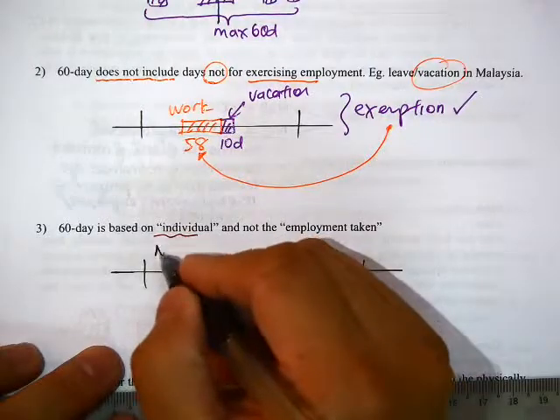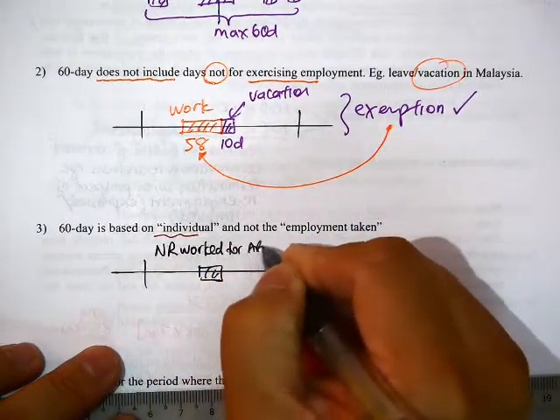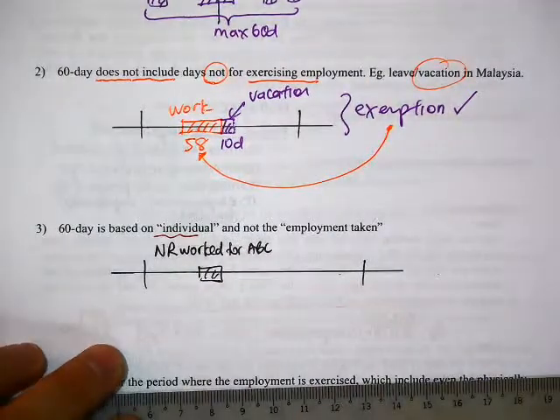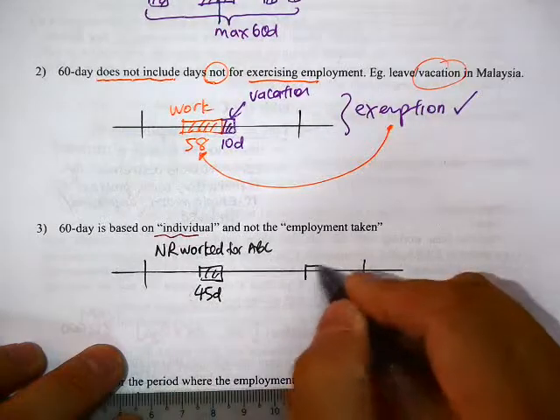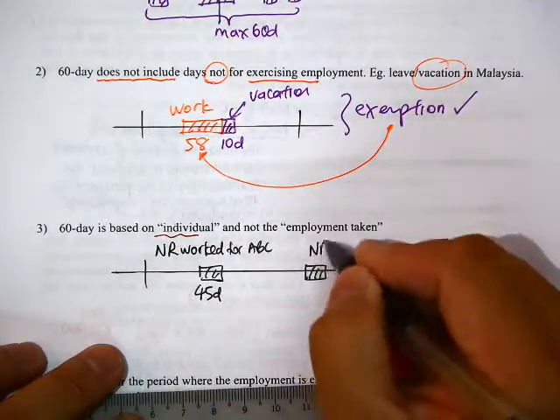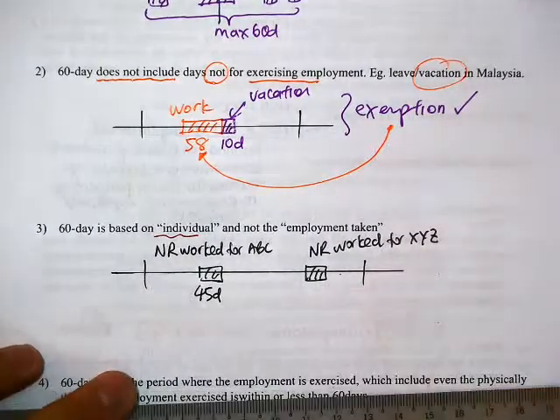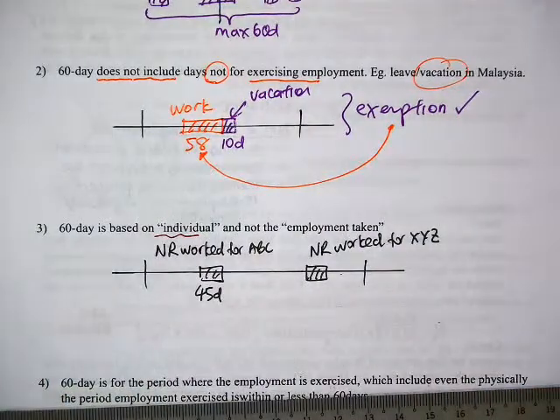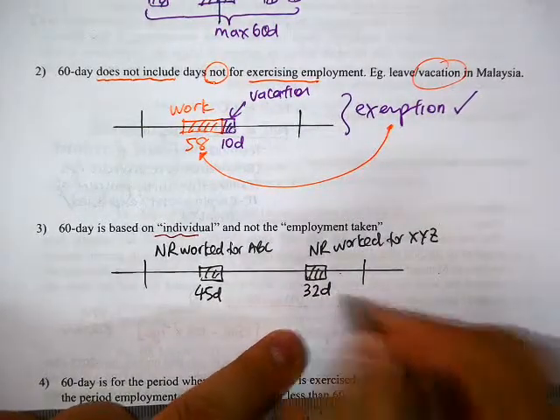This time the non-resident worked for ABC, so you come down for 45 days. Then later on, the non-resident works for XYZ, a different boss. The boss will say, go to Malaysia for some work, and you come down for, let's say, 32 days.